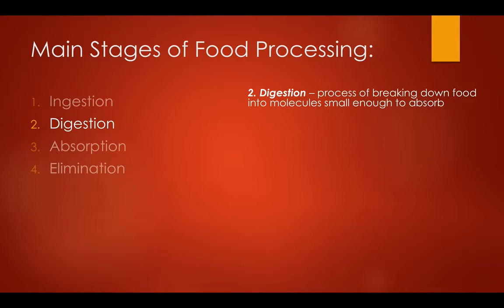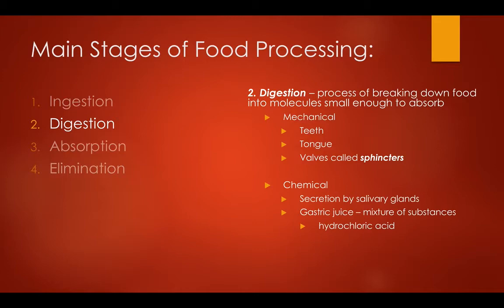Okay, next we have digestion. Digestion is the process of breaking down food into molecules small enough to be absorbed. There's mechanical digestion, which is movement that helps the digestive process. This involves your teeth, your tongue, and some valves inside your body called sphincters.